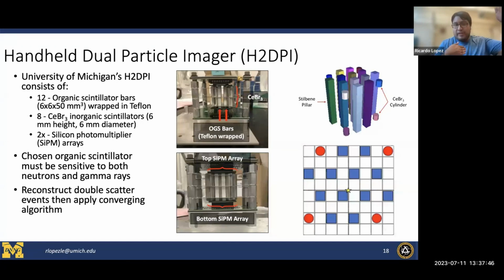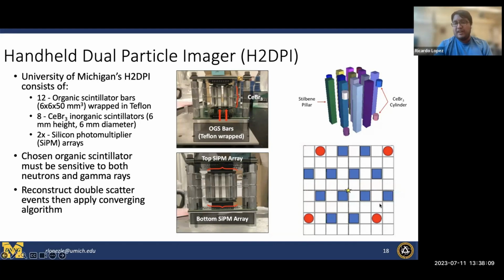We sandwich everything in between two SiPM arrays, and that's how we collect the photons created during this scintillation process. And over on the top right is a 3D render of what the system actually looks like without having all the additional supports and the SiPM arrays in the way.